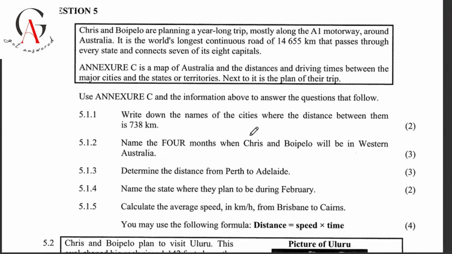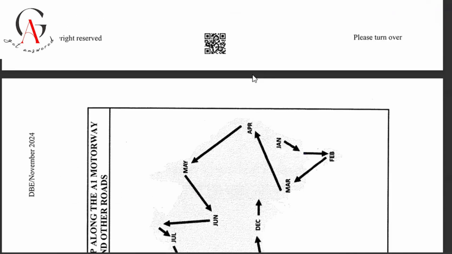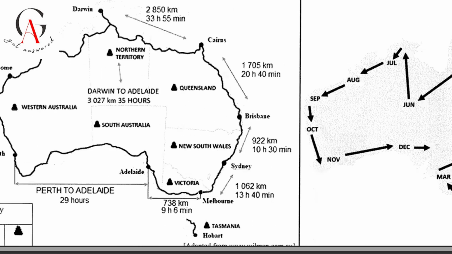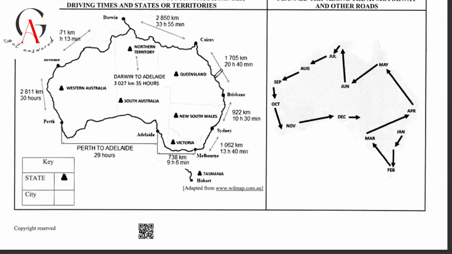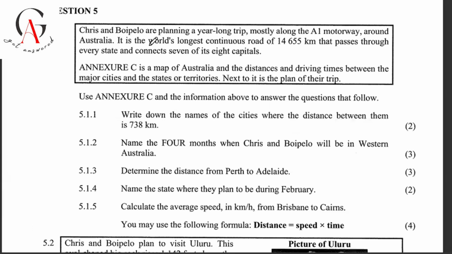Question 5. Chris and Babo are planning a year-long trip, mostly along the A1 motorway around Australia.